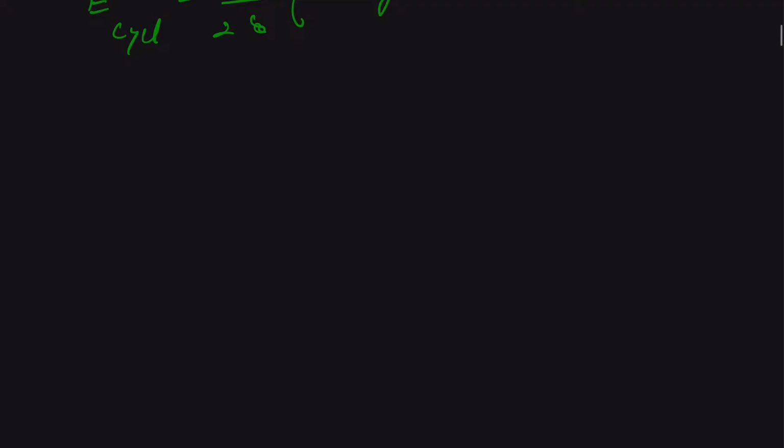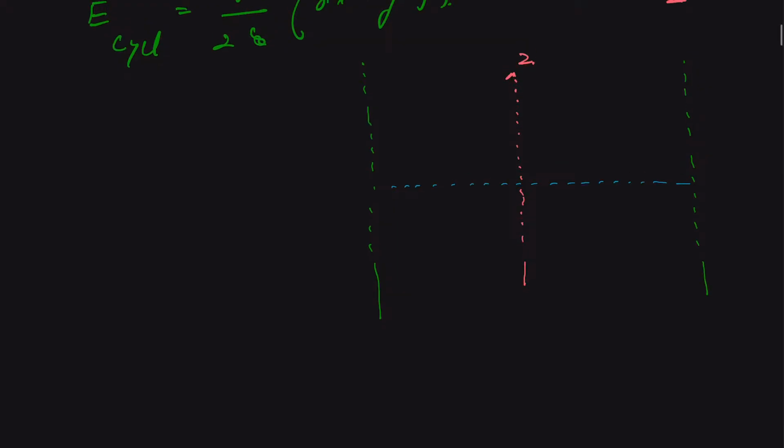So let me draw the basic figure according to the question. We are given that this is our z axis, and this is our x axis. Our cylinder is, let us suppose, of this much width, and inside this we are going to carve out a sphere whose radius is given as a.